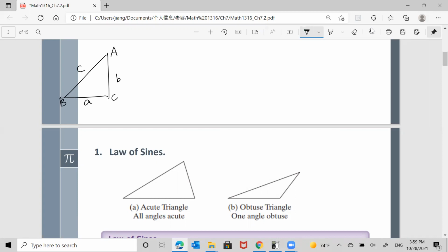And right now, we are learning how to solve the oblique triangle. Oblique means not a right triangle, so there is no angle equal to 90 degrees.